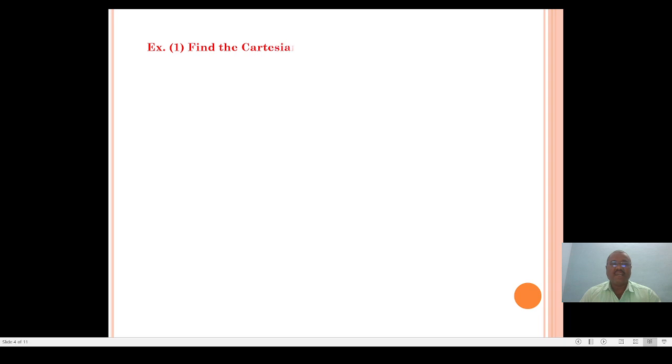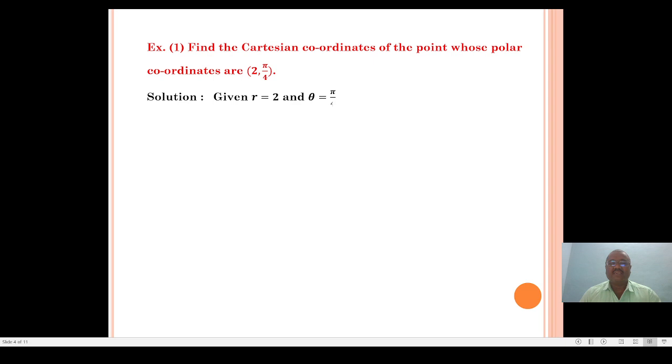Now see the example. Find the Cartesian coordinates of the point whose polar coordinates are (2, pi by 4). So here 2 is r and theta is pi by 4.